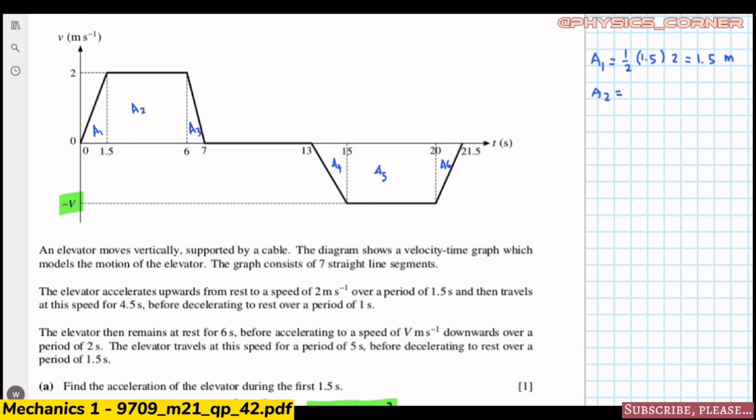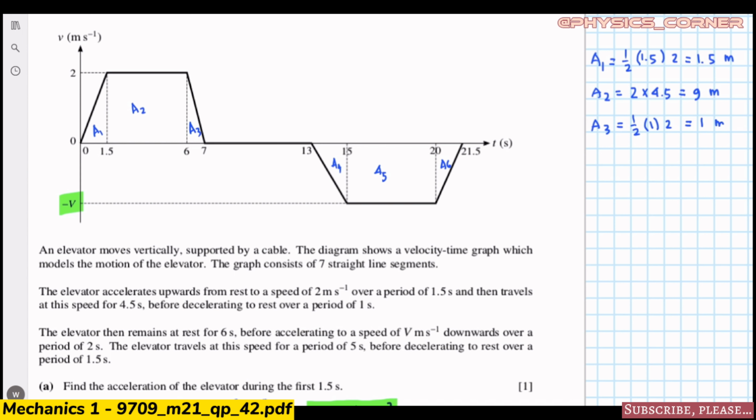Area 2 is 2 times (6 minus 1.5, which equals 4.5), so this equals 9 meters. Then area 3 is again a half of 1 times 2, which equals 1 meter.